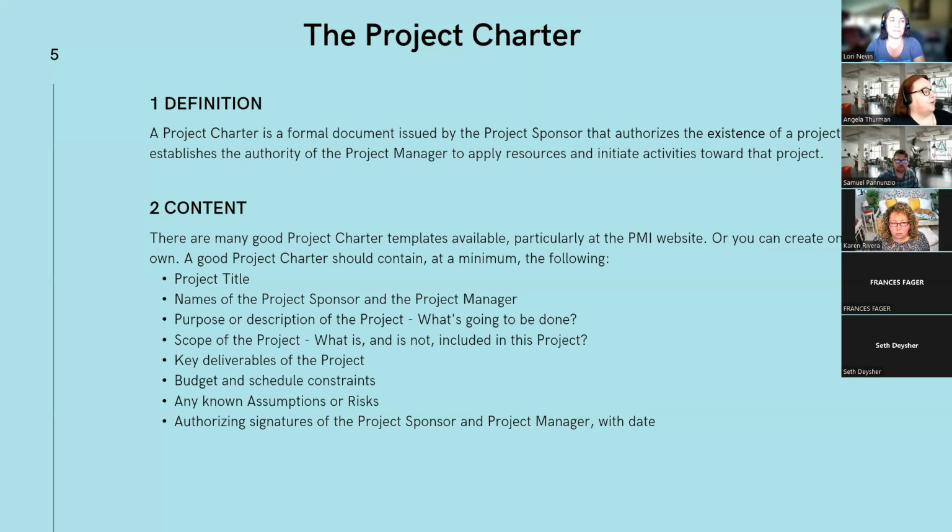Okay, Karen asks for an example of an assumption. So an assumption could be that this project is contingent on federal funding being available first quarter of 2023.